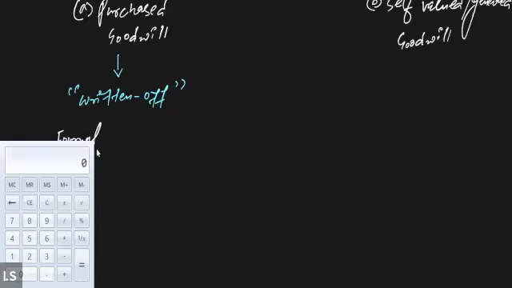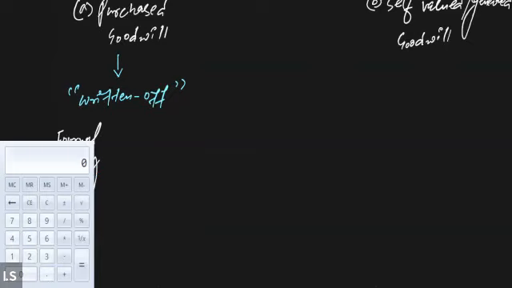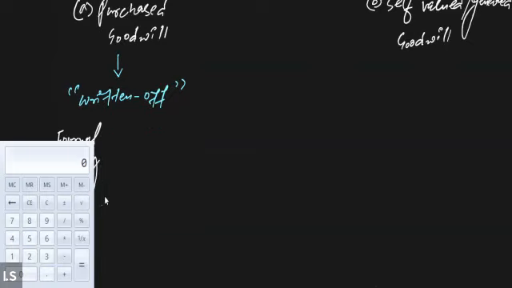Whenever we want to write it off from the books of account, we have to pass the journal entry. What journal entry will we be passing? Partners capital account will be debited to goodwill account.